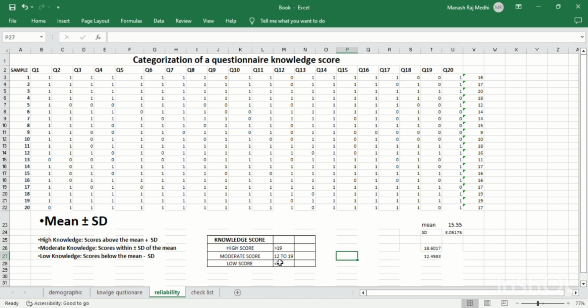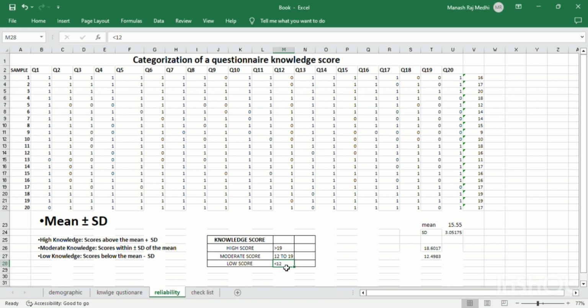So this is how you can categorize, or establish the boundary of, your knowledge questionnaire. That means if your sample scores more than 19, then you will consider him under the high category. If your sample scores between 12 to 19, you will consider him under the moderate level of knowledge. And if your sample gets less than 12, then you will consider him or her under the low category.